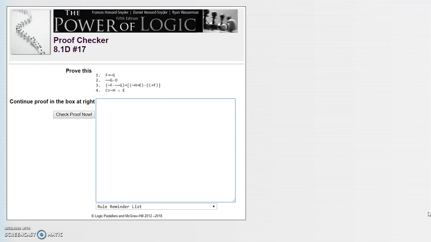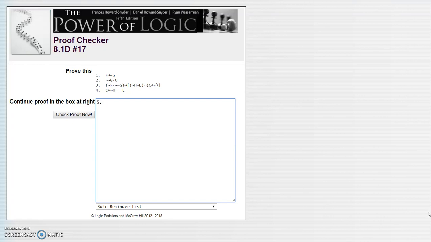Now, just looking over this, a good starting point is that conjunction in line 2. This is a good rule of thumb in many proofs. When you've got a conjunction, take the pieces apart. You may have a use for them separately, even if you don't have use for them together. And so, let's stick on line 5.